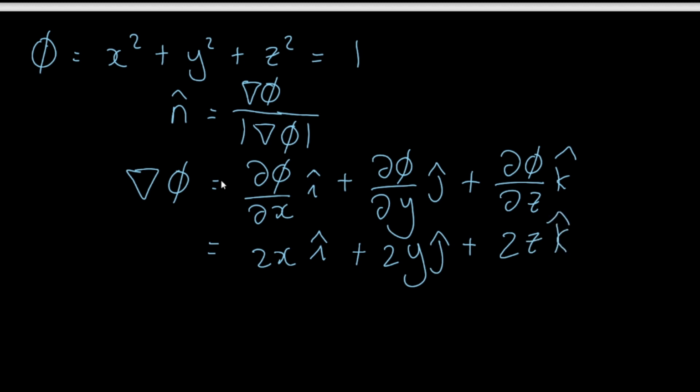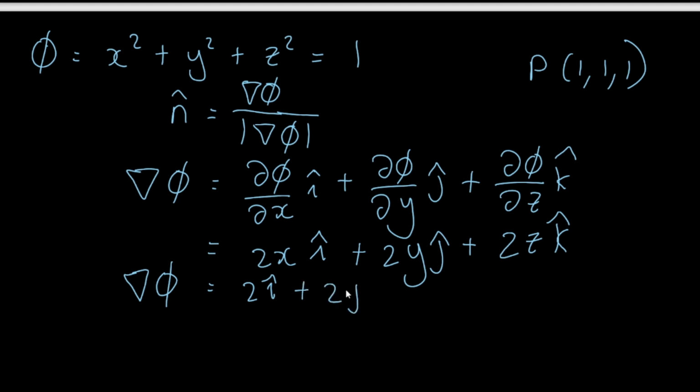We can compute this, for example, at the point P. Maybe P is the point 1, 1, 1, X, Y, Z coordinates of 1, 1, 1. That means this gradient vector at 1, 1, 1 is just 2i plus 2j plus 2k.